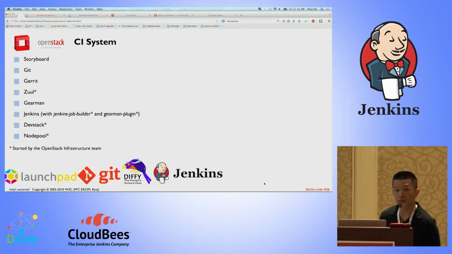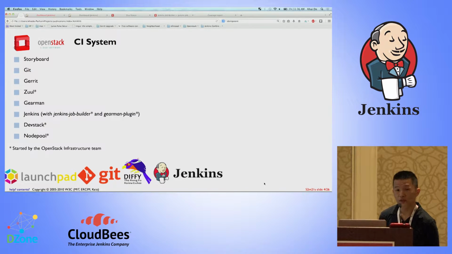Zuul is something that was created by OpenStack, and that is to run our pipeline of jobs that we have set up in Jenkins. We use Gearman for distributing our jobs. We use Jenkins, obviously, and we've developed a few plugins, but we use two mainly.